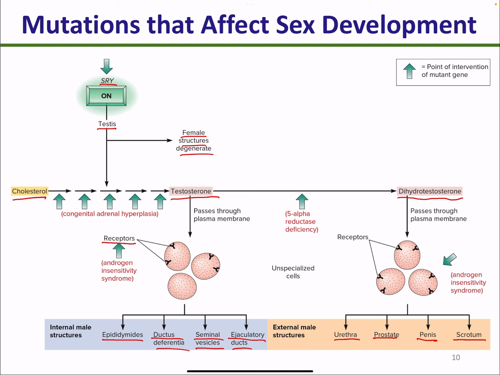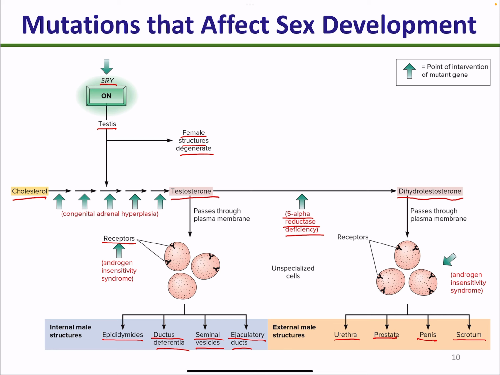So you see that there are many features here that are involved in the development of a sex. So it's not just one single thing, it's many things, right? And if we have a deficiency in some of the features here, for instance, the 5 alpha reductase, well, we are going to have some aspects of maleness that are not going to develop, right?